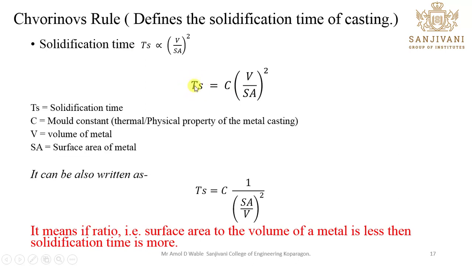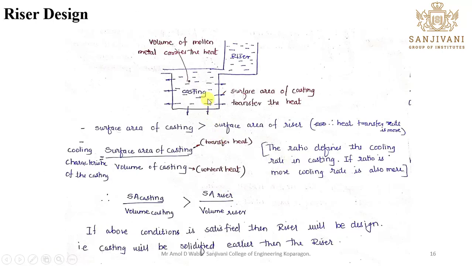If you know the solidification time of the casting and the solidification time of the riser, you can achieve our condition, that is, the casting should cool earlier than the riser. If the solidification time of the riser is higher than that of the casting, then you can achieve our condition.